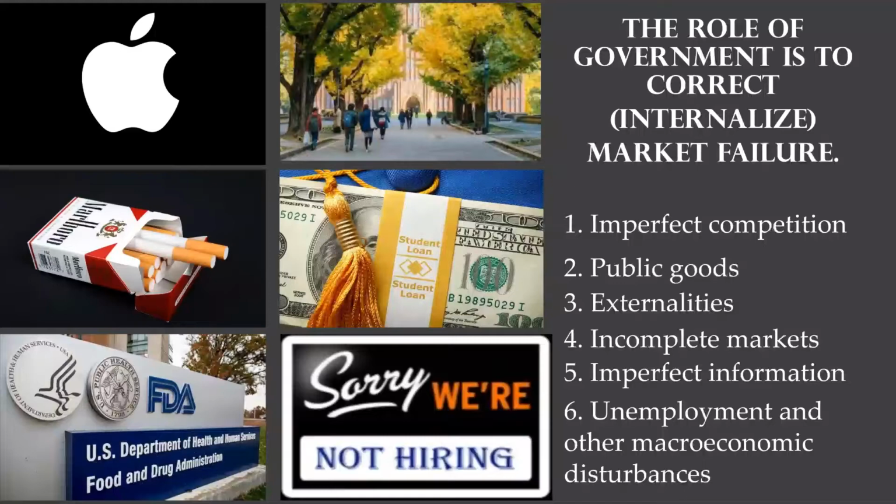And then lastly, unemployment and other macroeconomic disturbances, right? These are failures that occur where the economy simply falls off the tracks. It doesn't function in the way that it's supposed to. There's a saying that nothing is certain except death and taxes.